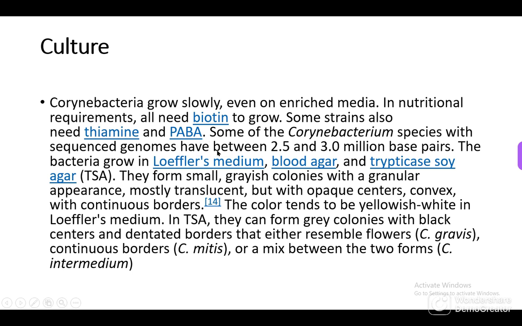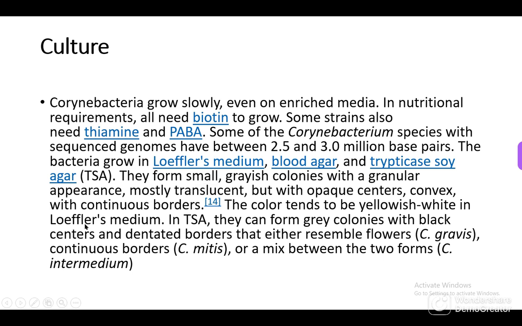Some of the Corynebacterium species with sequenced genomes have between 2.5 and 3 million base pairs. The bacteria grow in Loeffler medium, specific media, blood agar and tryptic soy agar, TSA. If you want to culture it, you culture on this media. This is the best medium, Loeffler medium.